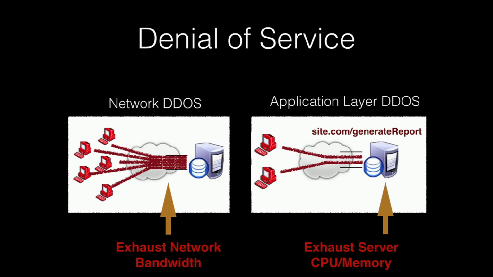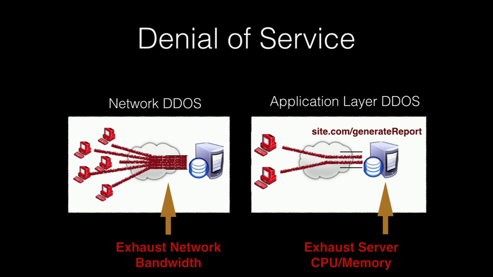But instead of trying to overwhelm the bandwidth, what I'm going to do is try to overwhelm the CPUs and the memory of your servers, either your web servers or your backend database servers. The way I'm going to do that is I'm going to look for something that's memory intensive or processing intensive, like generate report. Most often, generate report type functionality will take 5, 10, 20 seconds of spinning to generate that report.